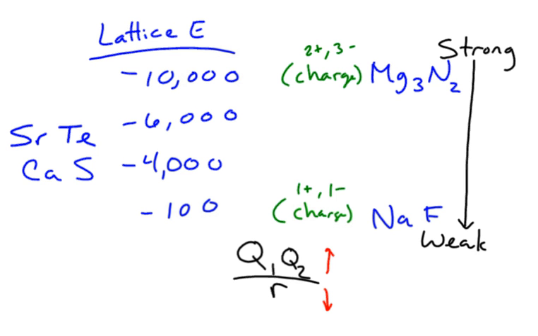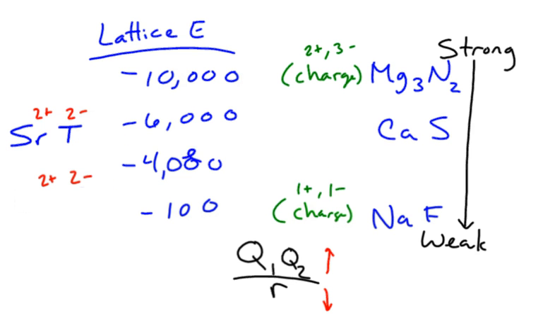So, which one goes next? Which one's the strongest one? They're both 2 plus and 2 minus. So now it's about the size. Which one is going to go into the -6 in general, generically? Well, generically, the one that has the smaller distances, the radius.